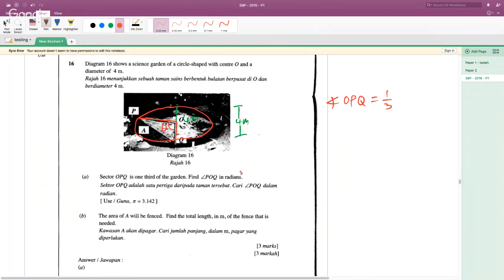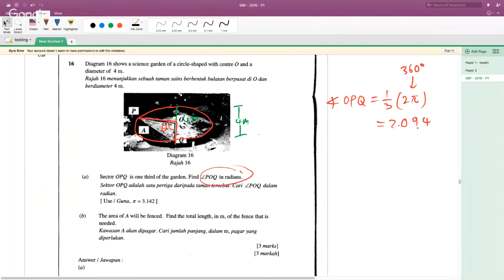The question asks you to find the angle POQ in radian. A circle is 360 degrees, which in radian is 2 pi. So you just use the calculator: 1/3 multiplied by 2 pi, and you will get 2.094.